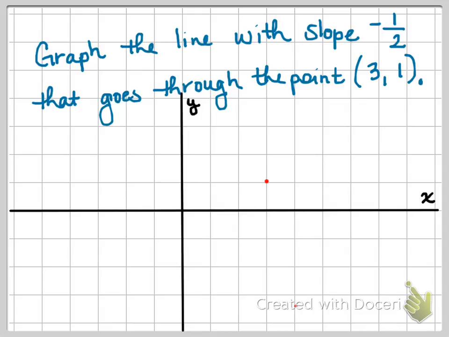So in this case, if we decrease by 1 in the y direction, then we increase by 2 in the x direction, and we end up right here at the point 5, 0. We could do this again. If we decrease by 1, we increase by 2, we end up right here at the point 7, -1.